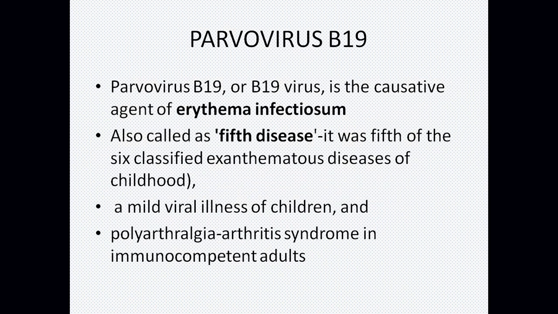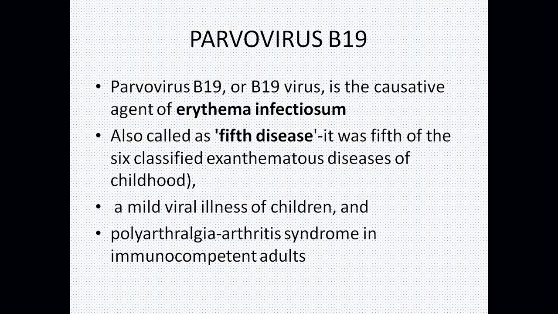Parvovirus B19 causes human infections and is the causative agent of erythema infectiosum. That is the terminology you must know, erythema infectiosum. It is the disease caused by parvovirus B19. It is also called the fifth disease, which particularly causes rash and fever in children.